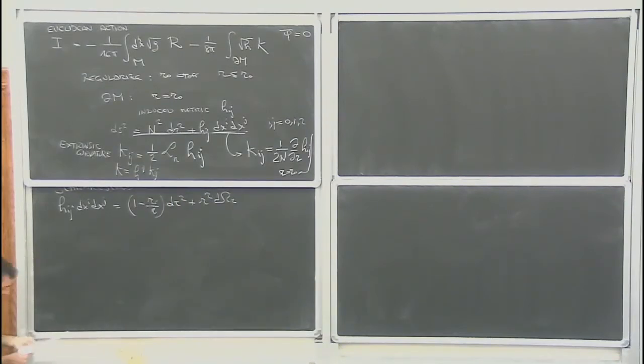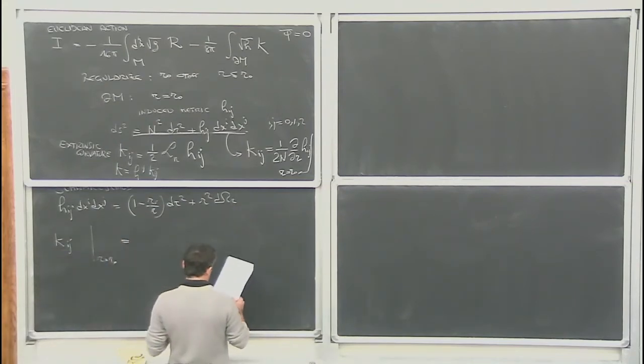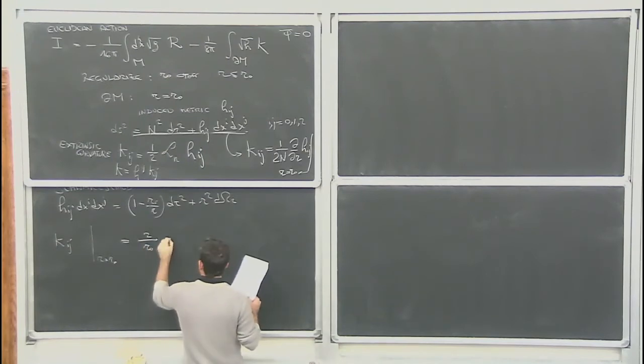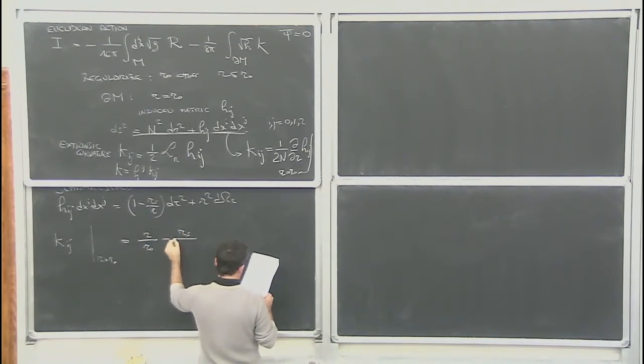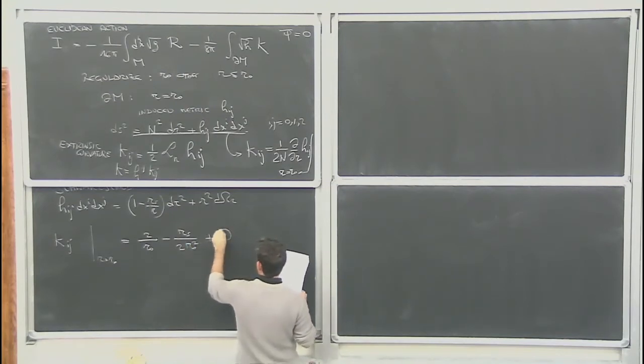So computing the trace of the extrinsic curvature, so you compute Kij. First you compute it, then you evaluate it at R equal R0. And it's 2 over R0 minus 1 over 2R0 squared plus subleading terms.